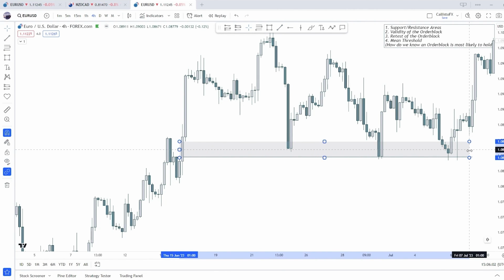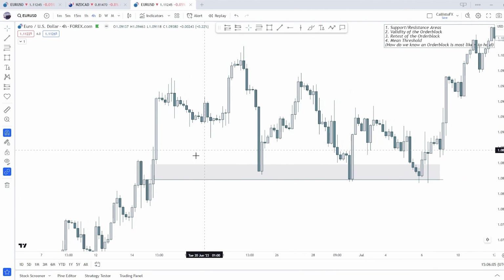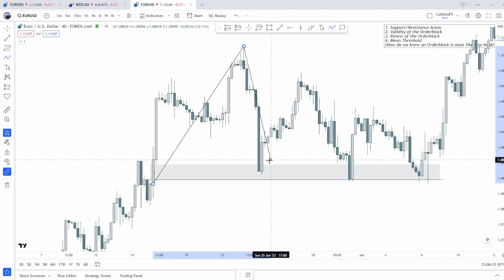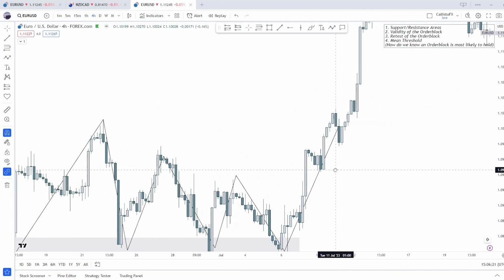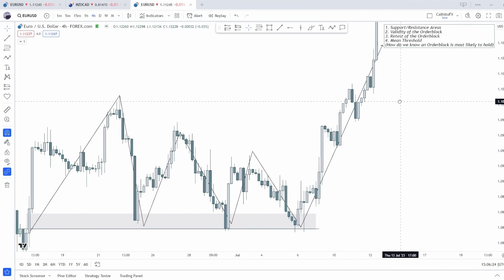I'll extend these out, and as you can see, because of this strong, quote-unquote, level of support, with these overlapping PD arrays, we see price reject off this level several times, and it will continue to hold until we see a nice upward movement.